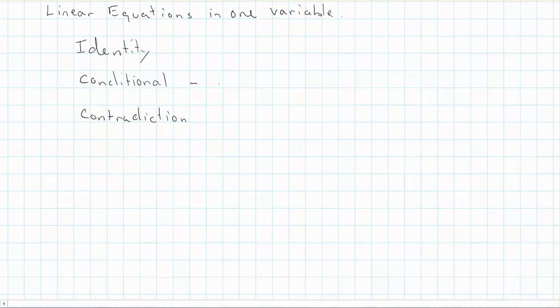This is when we have specific values, and I'll say a finite number, for the variable.